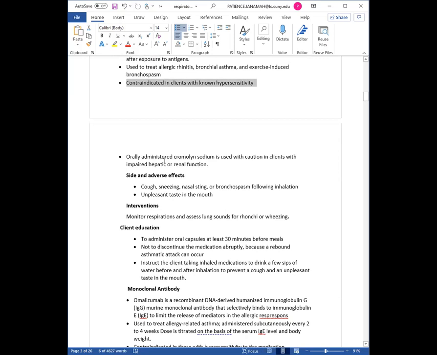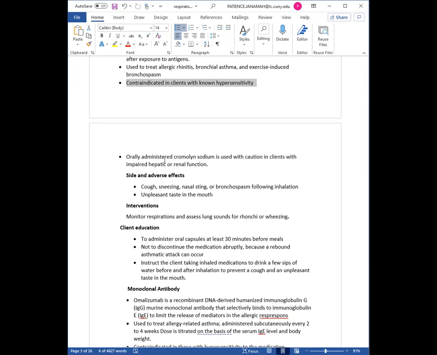The side effects are cough, nasal stinging, your nose itching, or bronchospasm following inhalation, and an unpleasant taste in the mouth. If you have ever done it, you have that taste in the mouth. I remember my daddy used to use that a lot. That's my daddy's favorite medication. So I knew that one when I was a child.